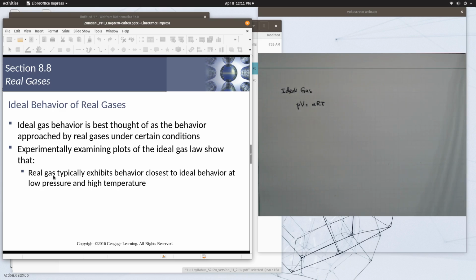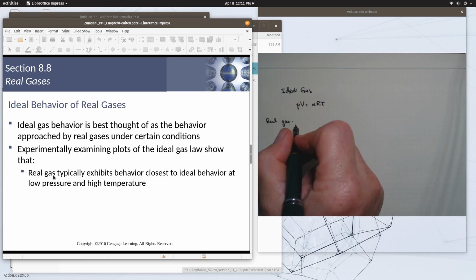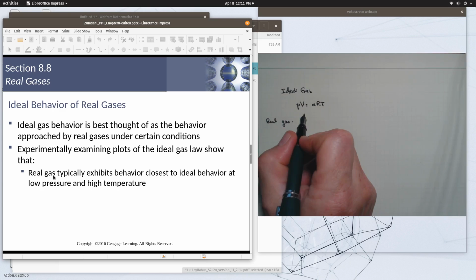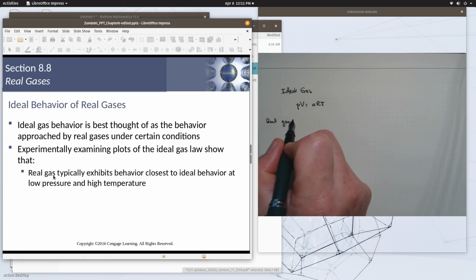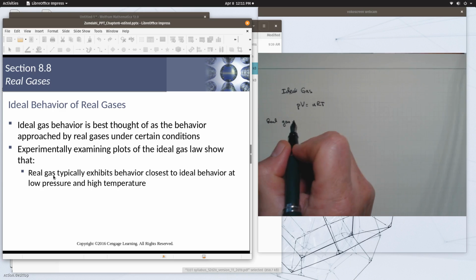However, a real gas has some changes. The ideal gas model says that the size of the atoms is very small compared to the volume, and that they don't interact with each other at all.